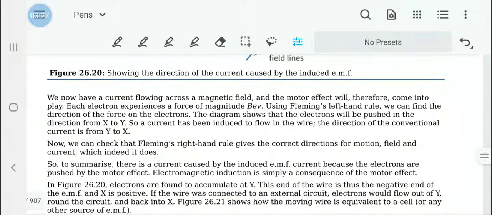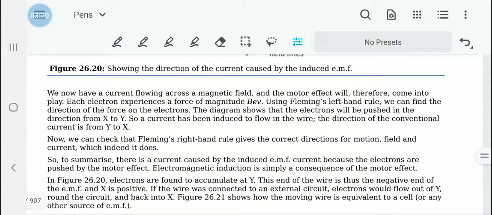Now, when we have a current flowing across a magnetic field, we know that all the principles that we have learned will come in unison. It is not different from one another, because these electrons have gained kinetic energy.